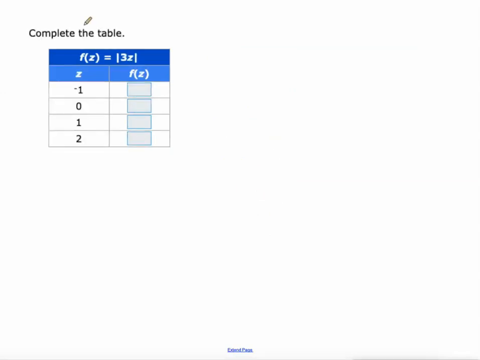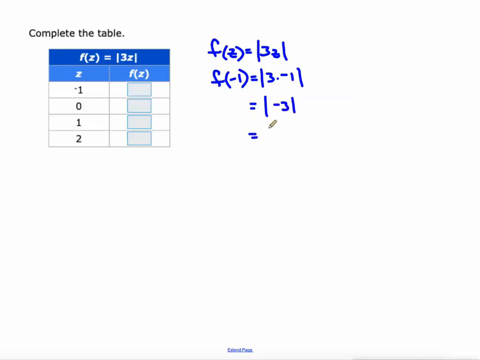All right, let's look at this one, the absolute value of 3z. Okay, f of z is the absolute value of 3 times z. So if we do f of negative 1, we're doing the absolute value of 3 times negative 1, which is the absolute value of negative 3, which is 3.